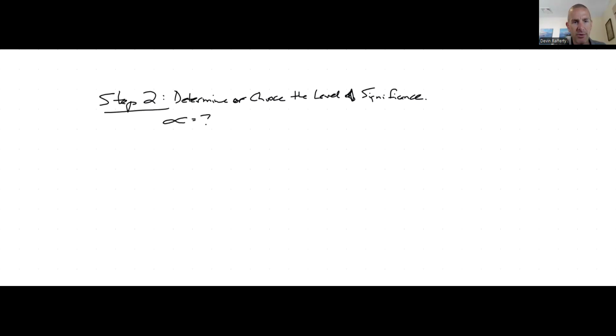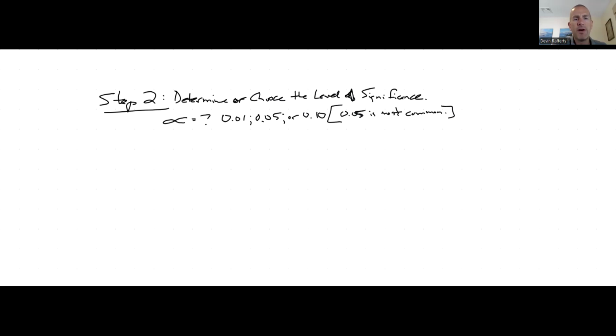As I mentioned, the most common ones are 0.01, 0.05, or 0.10. 0.05 is most common. That's the one that I almost always use. But sometimes I use the other ones, 0.01 or 0.1.